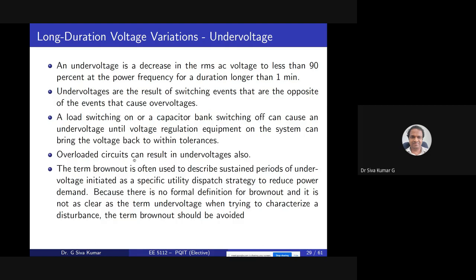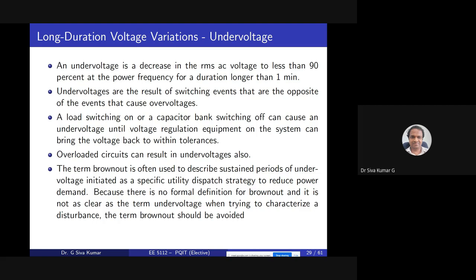Next is the undervoltage. The undervoltage is a decrease in the RMS AC voltage to less than 90% at the power frequencies for a duration longer than 1 minute. Undervoltage is less than 90% for a duration longer than 1 minute.